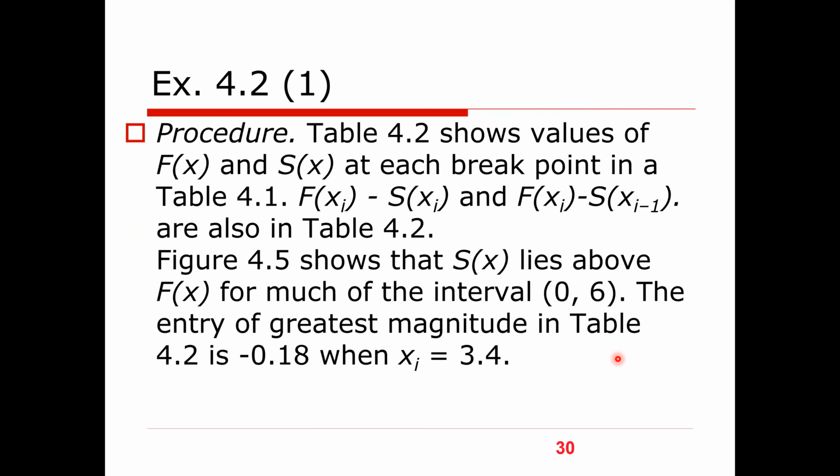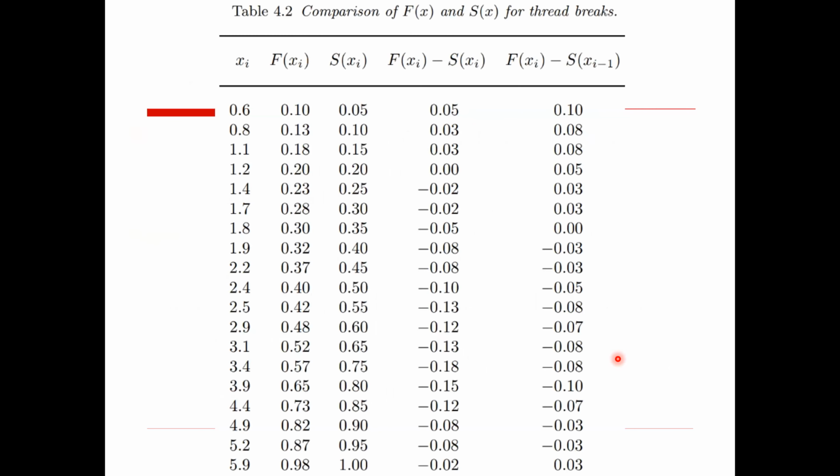So we can use a table like this, table 4.2, to list all the x, all the Fx, the CDF, and then the Sx, the step function, and then we list the discrepancies between Fx and Sx.